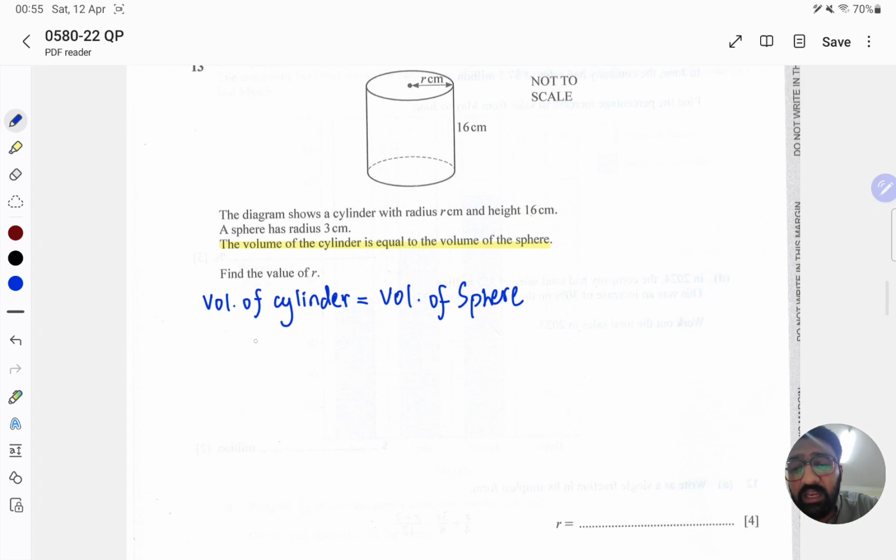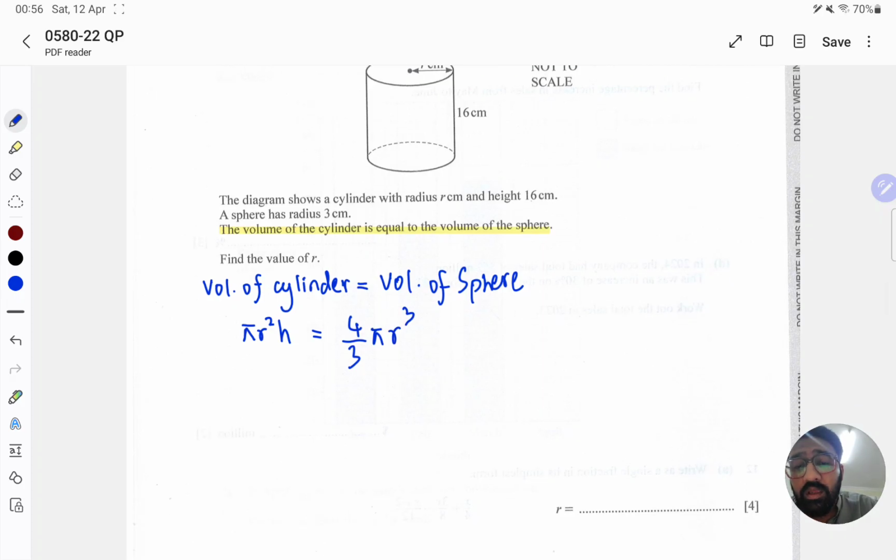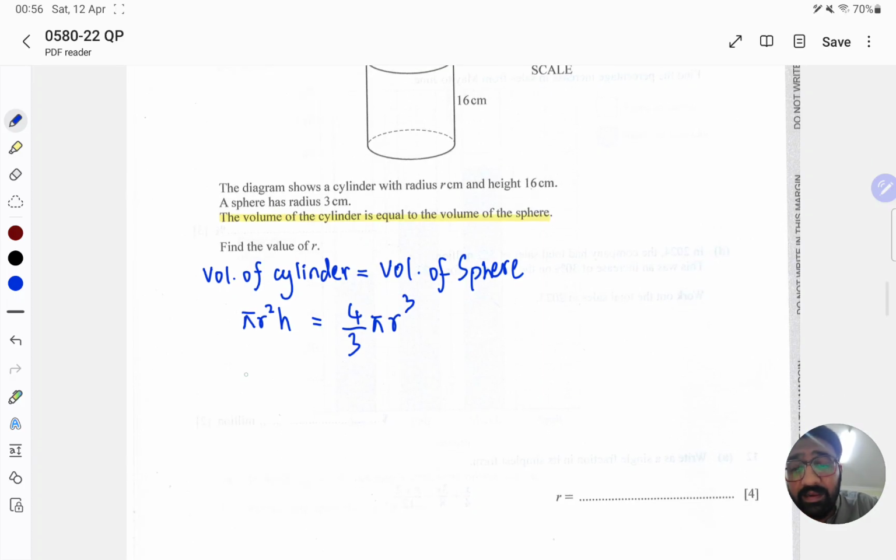The formula for volume of cylinder is pi r square h, and the volume of sphere is 4 by 3 pi r cube. The radius of the cylinder is r, so there is no need to change. The height of the cylinder is 16, and similarly the radius of the sphere is 3.